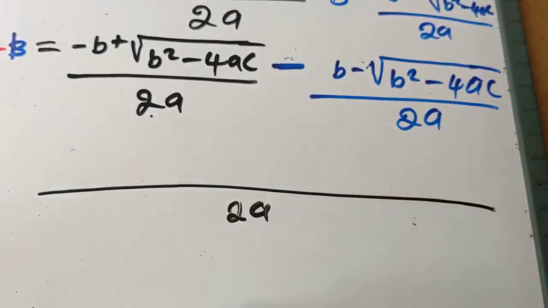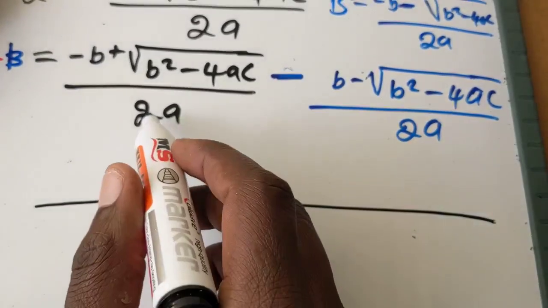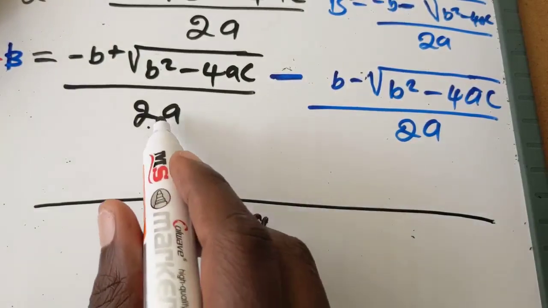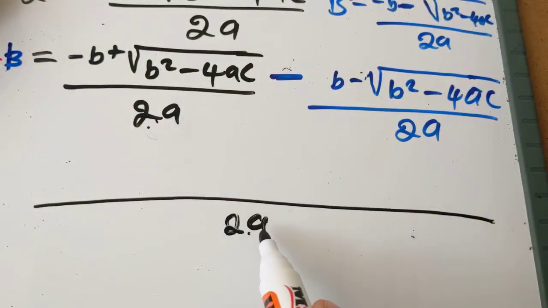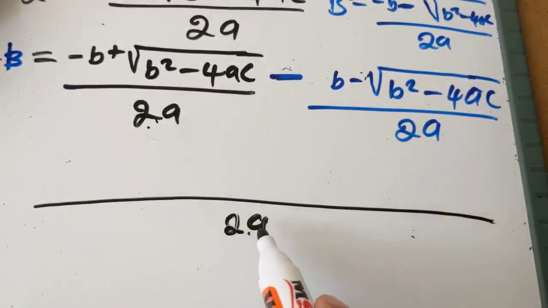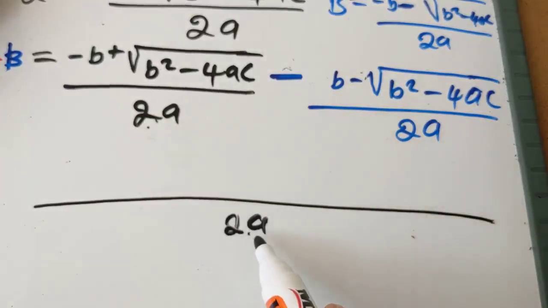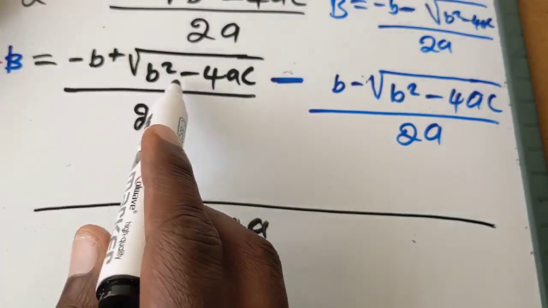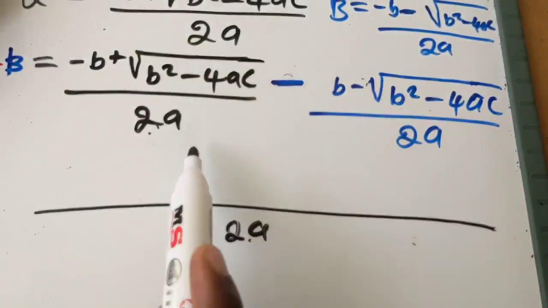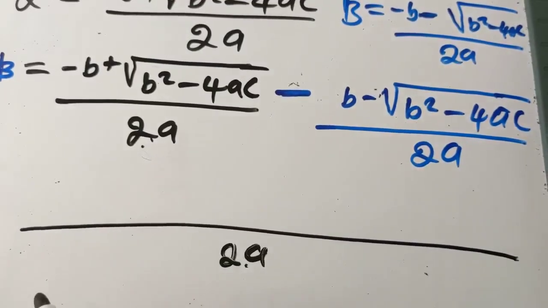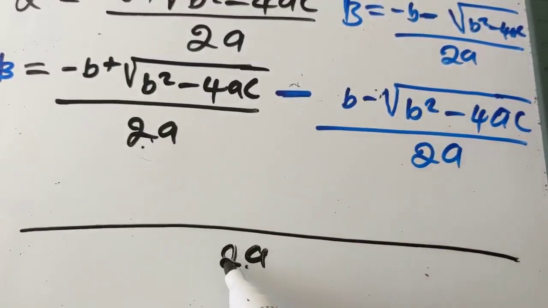Now 2a goes into 2a one time. So now you multiply that one by everything up here. These two are fractions, so a into a goes one time.